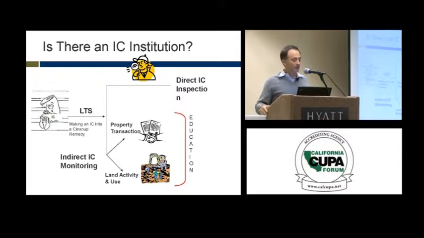The piece of paper is useful, but you need to directly inspect it, visiting the site from time to time, or to communicate the controls during the buying and selling of property, or during land use activities like building permits and excavations and drilling wells. Those are all the things where the rubber hits the road, and those are all the parts of the institution which are still fledgling.